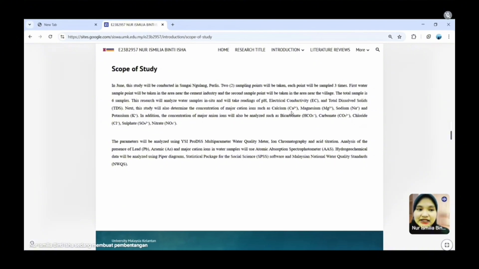Also, will determine the concentration of major cation ions and major anion ions and analysis of the presence of lead and arsenic, using YSI Pro DSS, ion chromatography, and atomic absorption spectrometer AAS. The data will be analyzed using Piper diagrams, SPSS, and compared with NWQS.